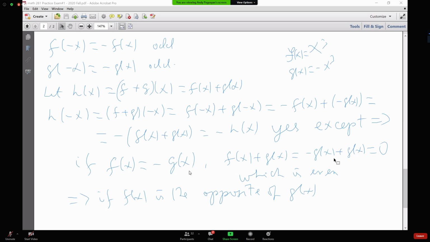But if they are opposite of each other, they cancel each other, so you get 0, which is even. Now I hope the exam will not be as tricky as this one, but something that you need to prove or show, using h of x as a combination of those two functions, will be some difference, product, quotient, or whatever. Then you will have it.